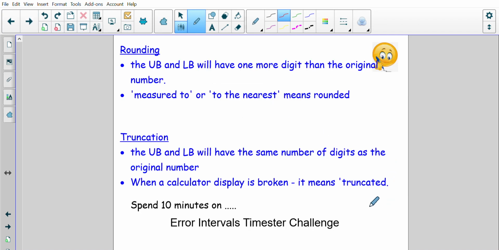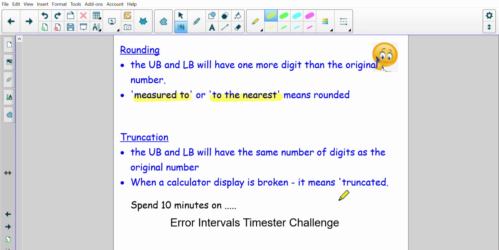Okay, just make a note of some of these key differences between rounding and truncation. So rounding, the upper and lower bound has one more digit than the original number, and if the question says measured to, or to the nearest, it means rounded.